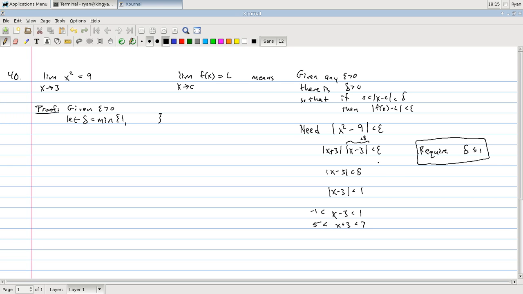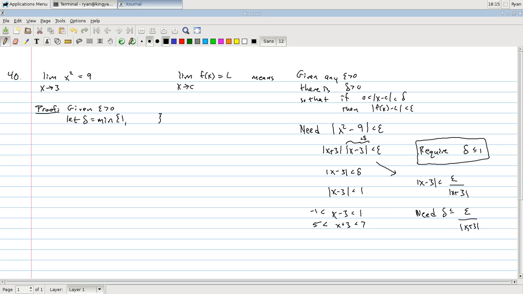So we know from here that absolute value x minus 3 needs to be less than epsilon over absolute value x plus 3. And this needs to be less than delta. So we need delta to be less than or equal to epsilon over x plus 3 in absolute value.